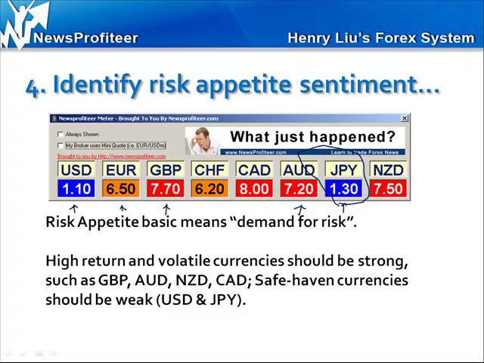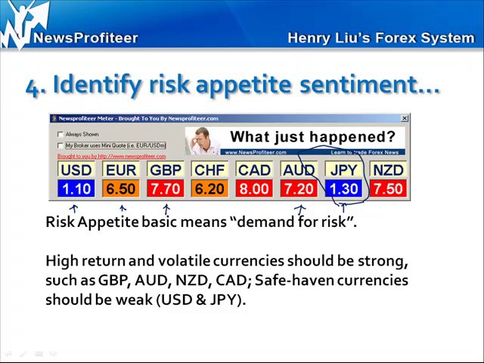By identifying that it is a risk appetite sentiment showing a weak yen and a weak dollar, you can just choose the best looking pair and hold on to a trade, because usually when we have a risk appetite sentiment, the market tends to move and continue that move throughout the entire trading day.